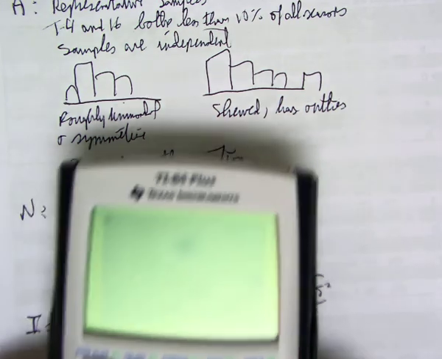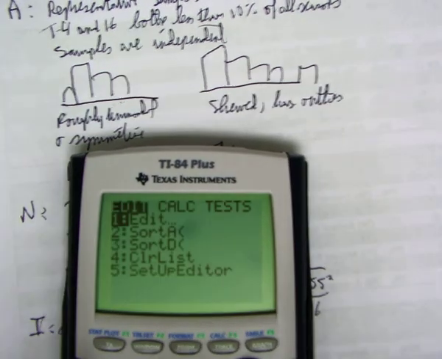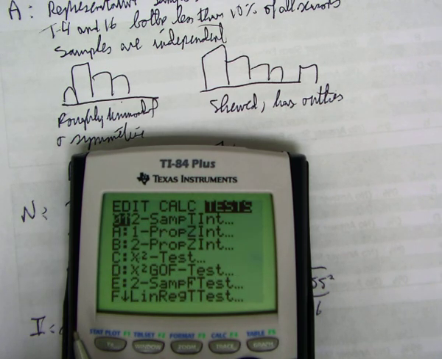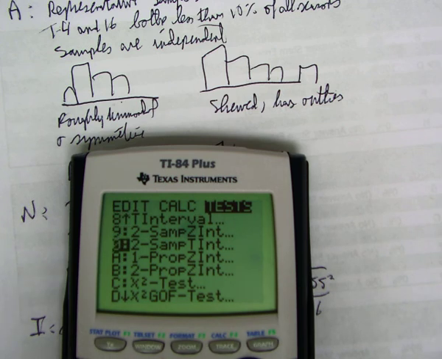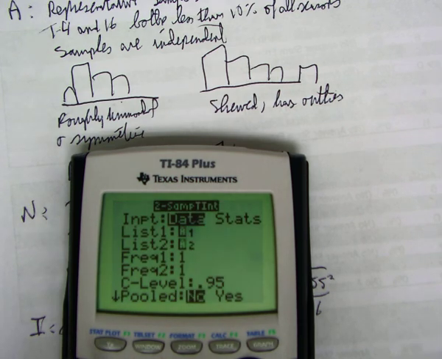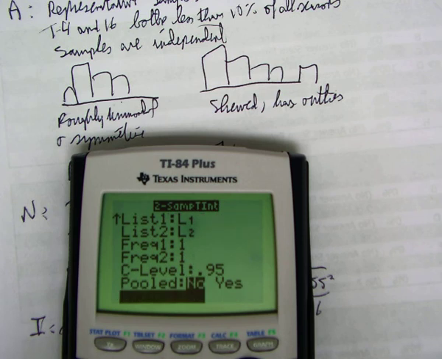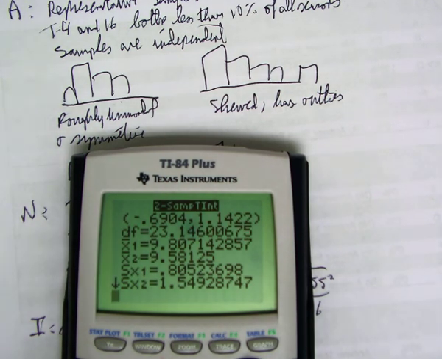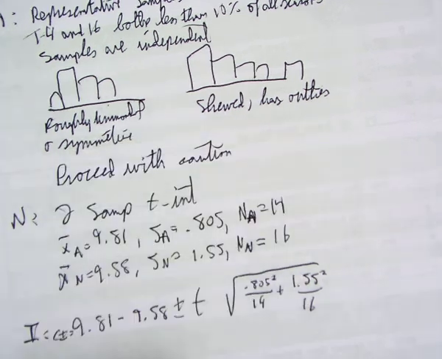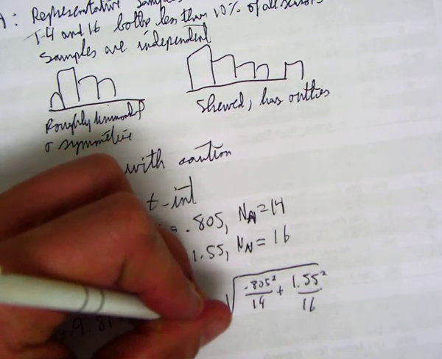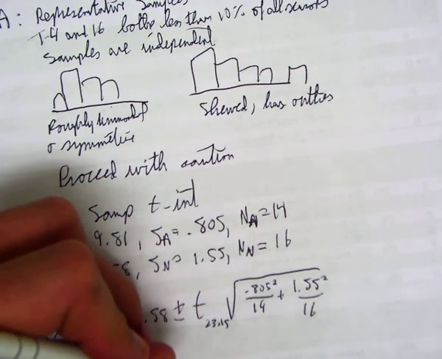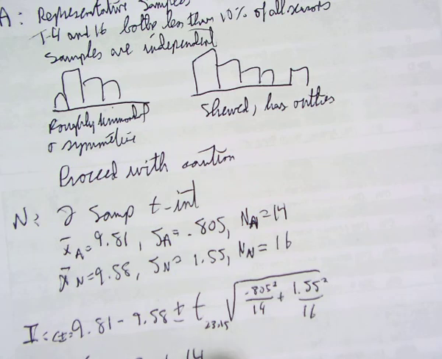And we're going to just go to the calculator, and we're going to do stat, test, then 2-sample T-interval. That's right there. We're going to do L1, L2, 95%, calculate. So that'll give us our degrees of freedom, 23.15. And our interval actually calculated out to negative 0.69 to 1.14.